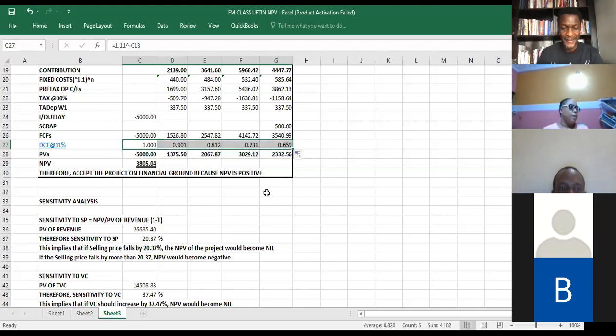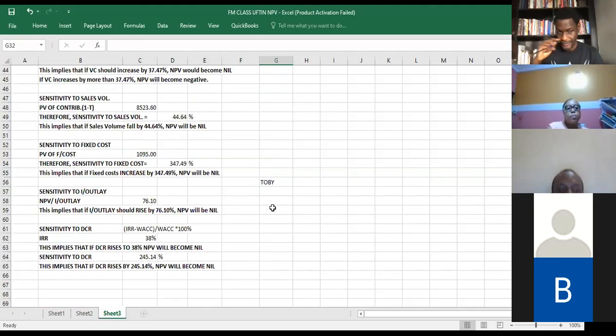So the idea is simple. There's a difference between rising to and rising by. If we're saying that it rises to 38% from 11%, then NPV will become nil. So that is rising from 11% to 38%.